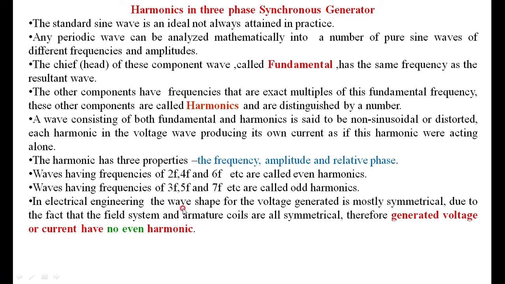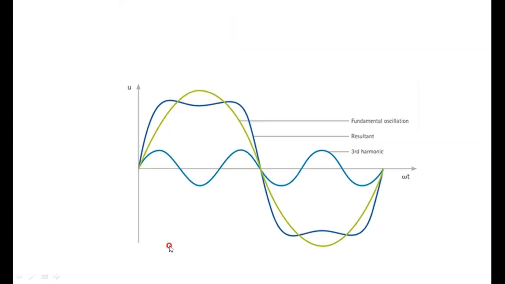In electrical engineering, the wave shape of the voltage generated is mostly symmetrical, but it is not a pure sinusoid. Because the field system and armature coils are symmetrical, the generated voltage or current has no even harmonics. How the harmonic components impact the coil span factor and the distribution factor, we will see.